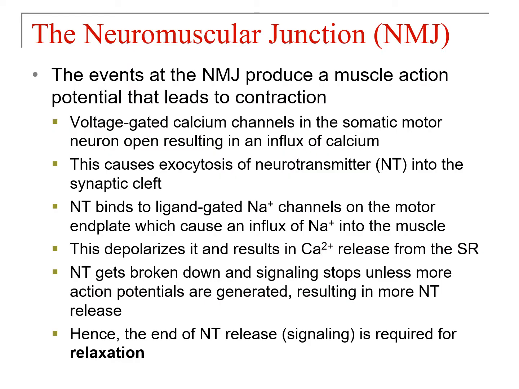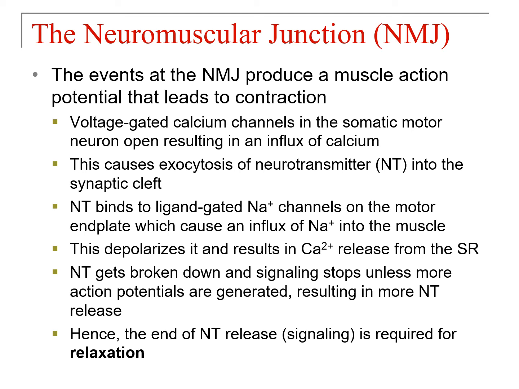So these events are further described here, occurring at the neuromuscular junction. As an action potential travels the length of an axon and reaches the terminals, it opens voltage-gated calcium channels in the synaptic end bulb, and this leads to an influx of calcium. So calcium concentration is higher outside of cells.